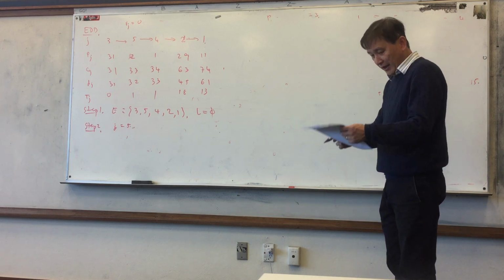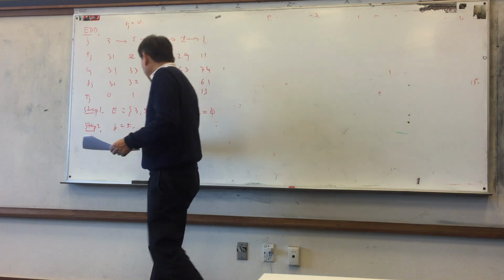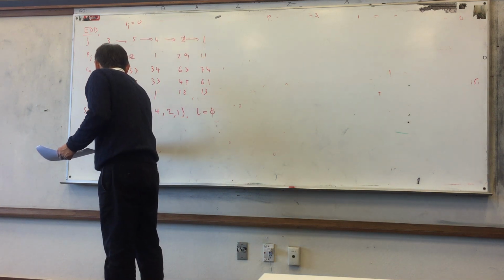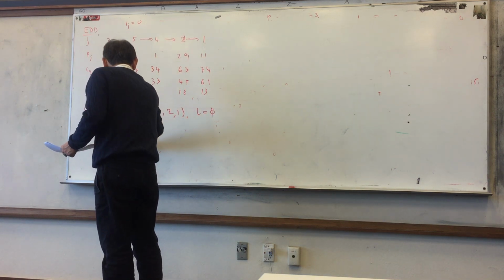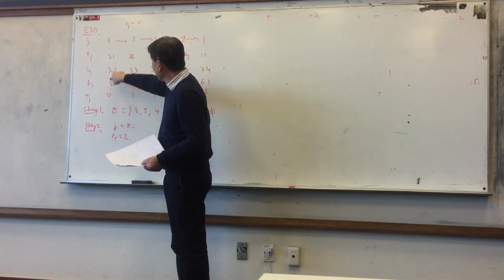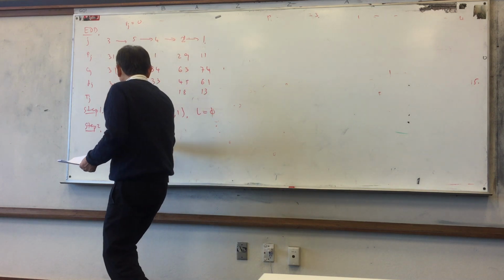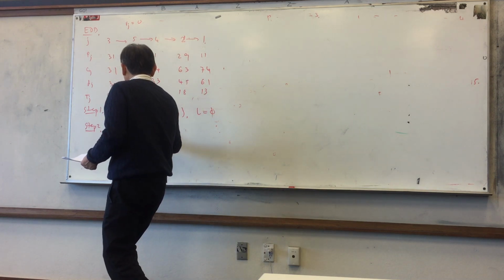Then I'm going to look at the two P's. I've got P5 equal to 2, and the one before that, the one job before it, is E3, so P3 is equal to 31.